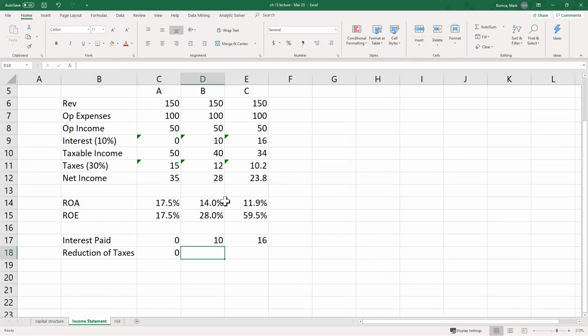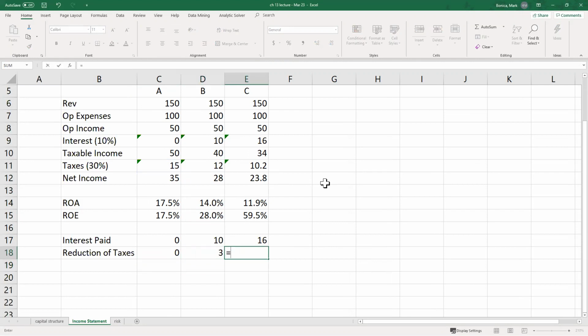Option B, what we're really doing is comparing the amount of taxes paid in B versus A, because in B we are paying taxes, and so we want to see how much less is our tax burden as a result of having the debt. So we would have been 15, but we actually paid 12. So we saved 3,000 in taxes.